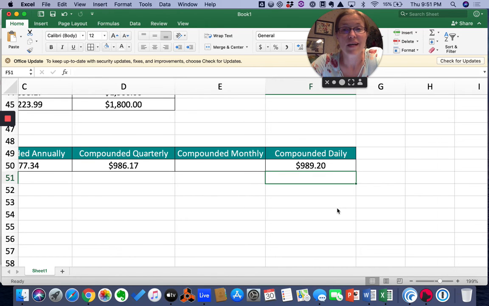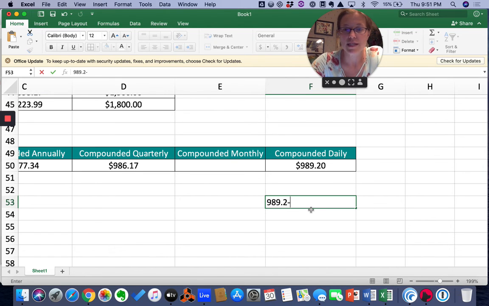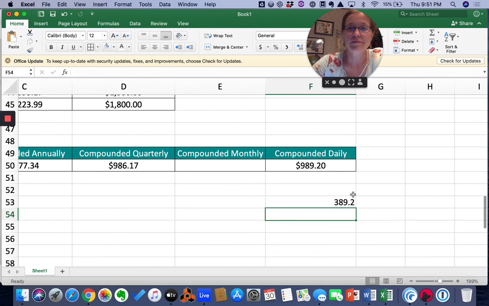Now if I want to find the amount of interest, remember I take what it is now, so 989.20. I want Excel to be a calculator, I've got to put equals at the beginning, minus that original investment, and there's my interest.